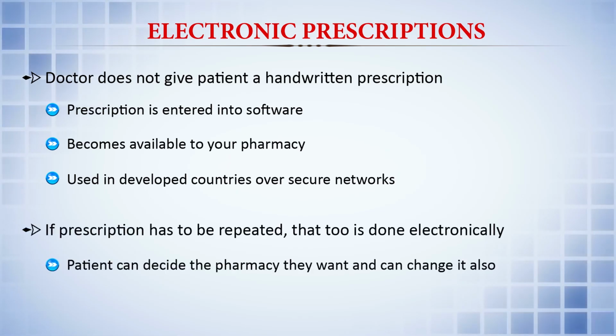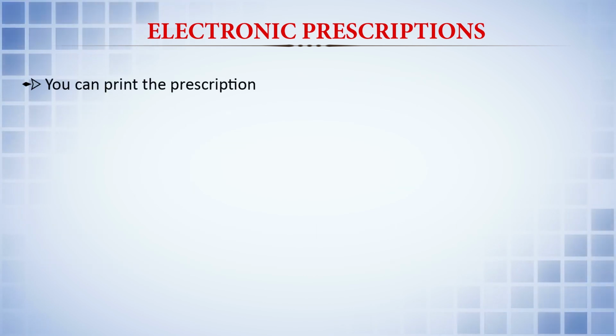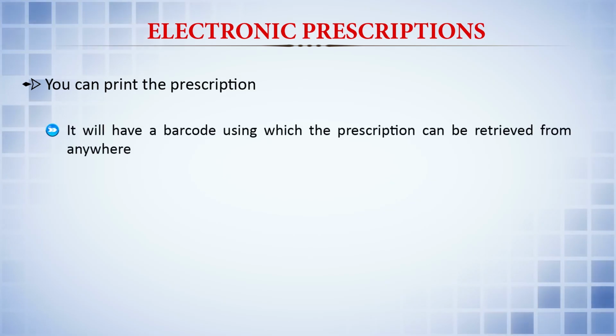So you can go to your pharmacy and simply purchase your drug because they already have the exact prescription available with them. If required, you can print the prescription and it would come with a barcode which any pharmacy could use to retrieve that prescription from the repository.